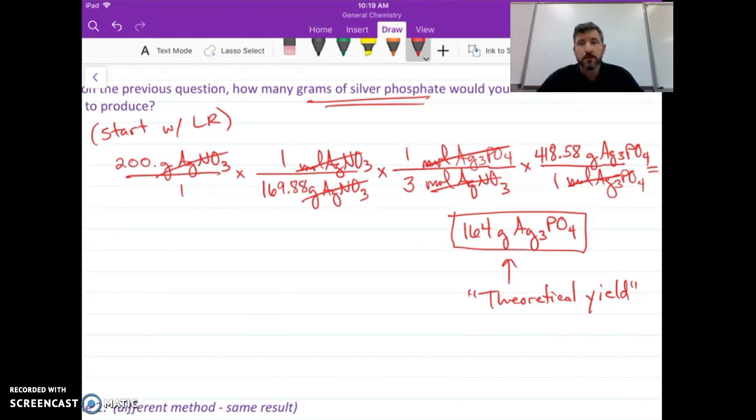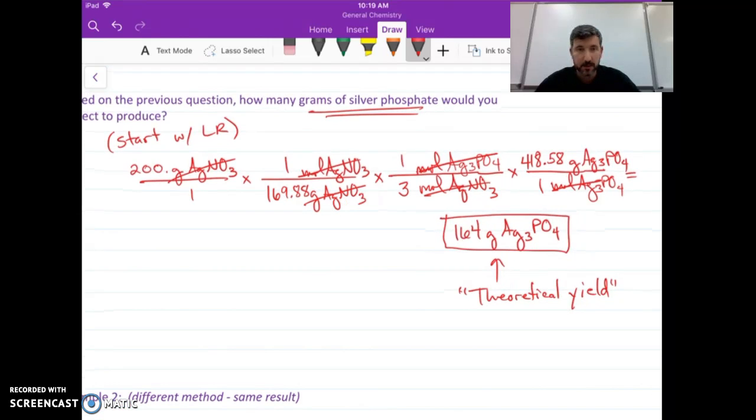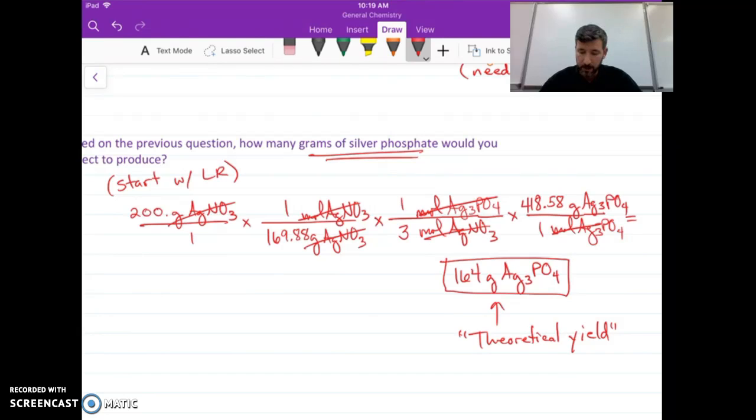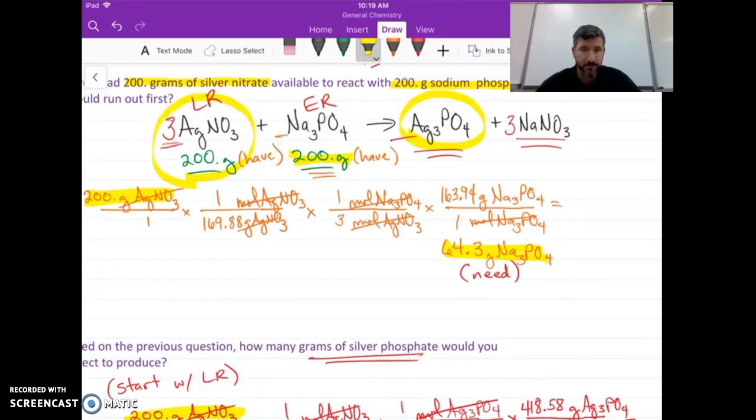So remember that the big thing from this is to get the theoretical yield, we based that on the grams of limiting reactant, not the excess. The 200 grams of sodium phosphate does not all get used up. And in fact, I could go back and ask you the question, how much is left over of the excess reactant?